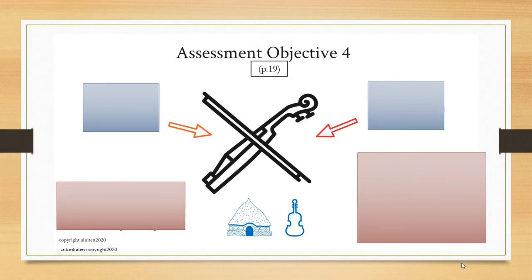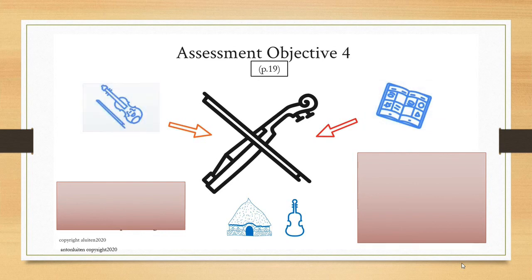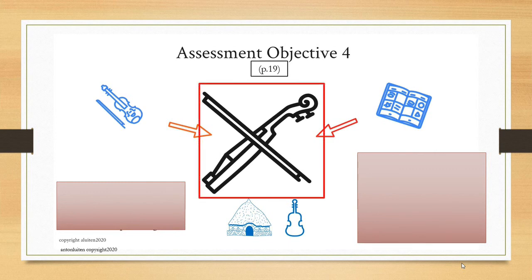And finally, AO4 can be summarized as having the ability to select, use, and apply a variety of appropriate skills and techniques, such as select musical information in academic and practical inquiry through relevant musical skills and techniques, identify, select, and apply musical skills and techniques to shape and transform musical material, and demonstrate appropriate use of musical conventions and practices when creating and performing in diverse contexts.